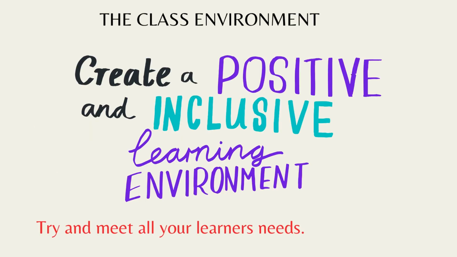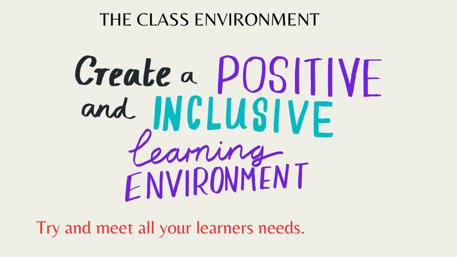The next step to making a lesson more interesting is the classroom environment. The classroom environment should not be that of somebody who's way above the learners. You need to bring yourself as a teacher to the level of learners and engage them in a positive, inclusive learning environment.